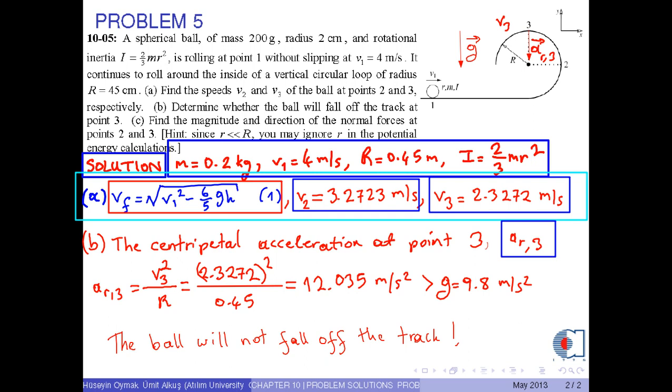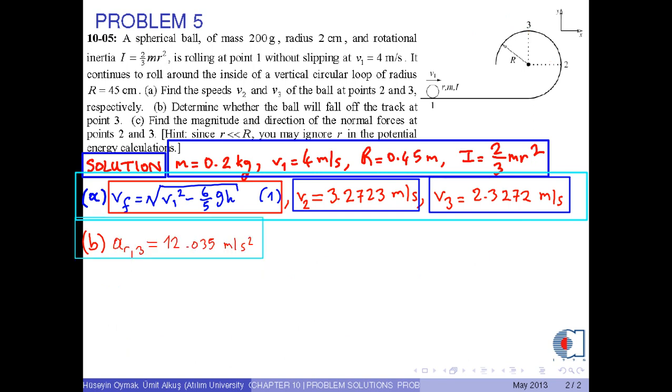In part C, we will find the normal forces at points 2 and 3. If we draw all the external forces on the ball at point 2, we find the normal force as N2 equals m times V2 squared over R, since N2 is the only force in the centripetal direction.